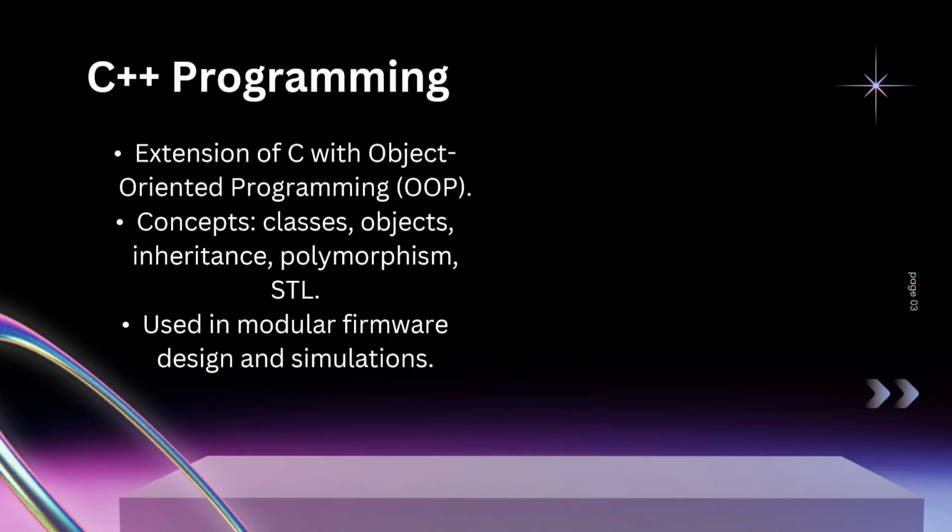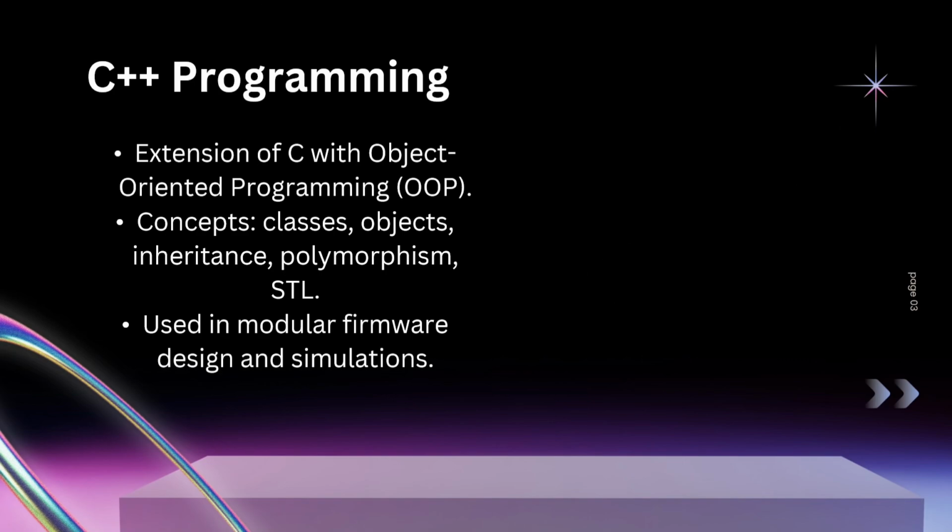The basic structure of C++ includes data types, because data and variables are used in it: integer, float, character, double, and boolean. Operators are arithmetic, relational, logical, assignment, increment, decrement.